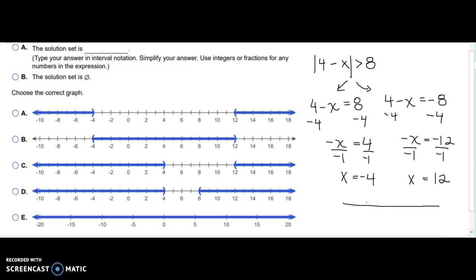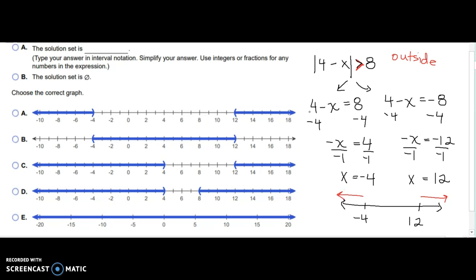So on the number line, we're going to plot negative 4 and positive 12. And then you have to go back and look at the inequality. Greater than is always outside the two values. Greater than 8 would be far away, so it's always going to go for the outside of 12 and the outside of negative 4.